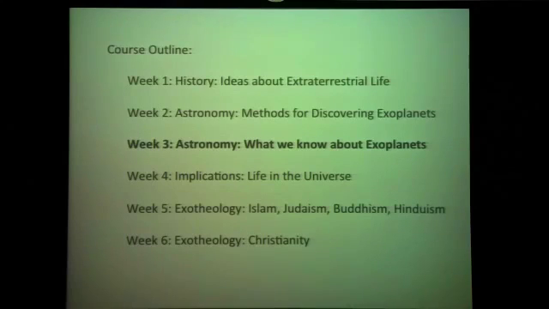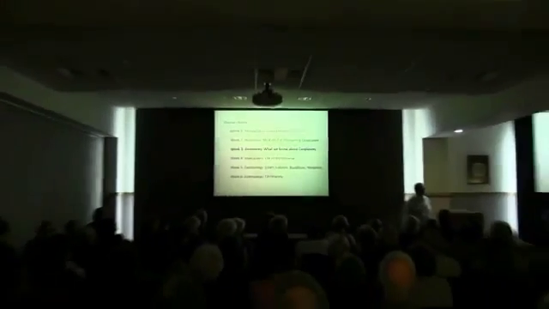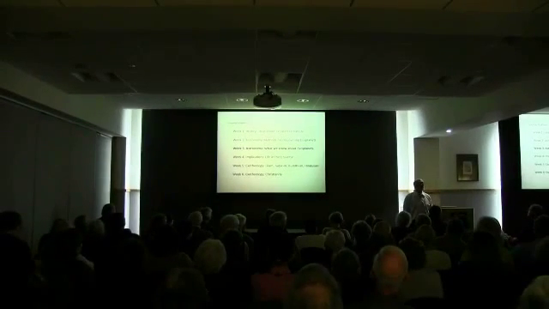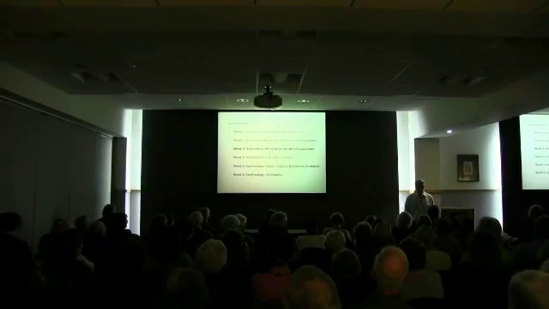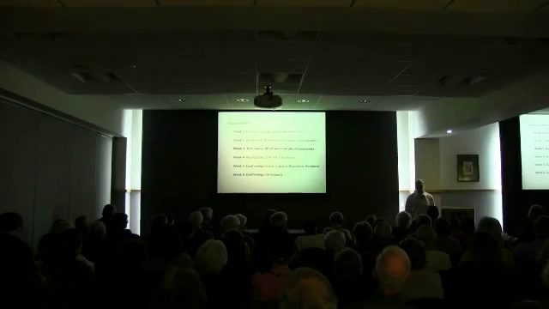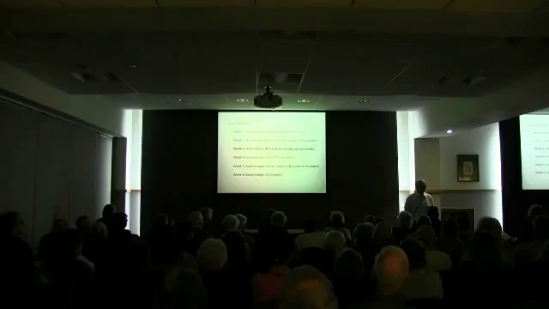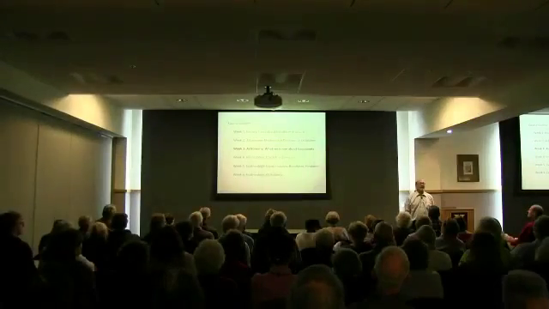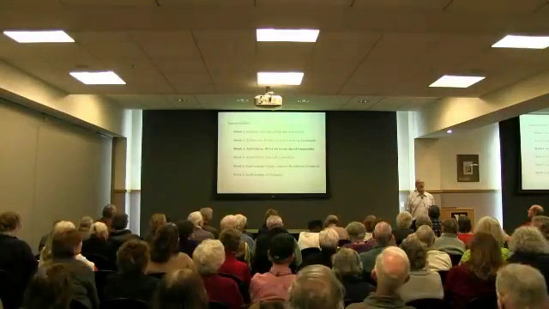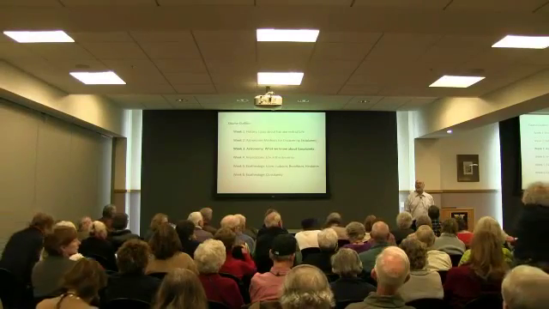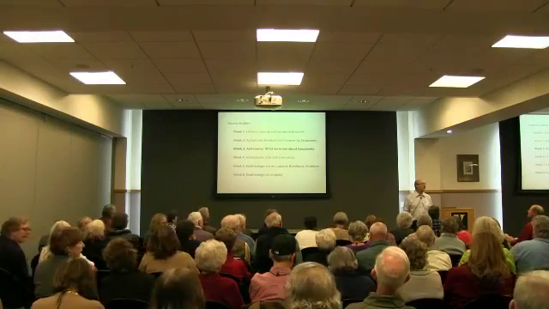Next week, my plan is to actually talk about a handful of the most interesting planets that we know about around other stars, to introduce you to these planets. And then in the last 3 weeks, we'll move on, having convinced you that we actually know how to detect planets and that we know about these planets. We'll then talk about the implications of those planets.